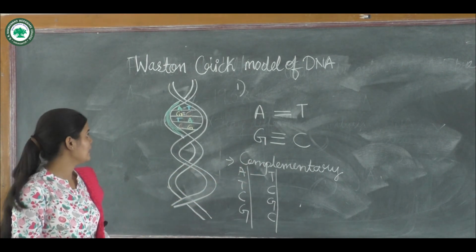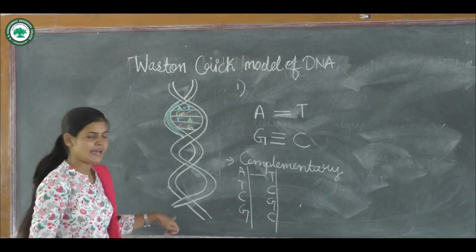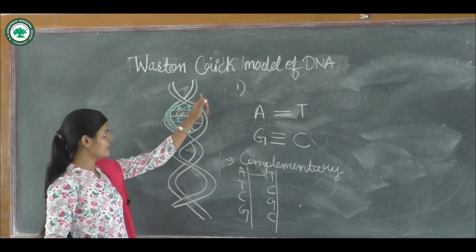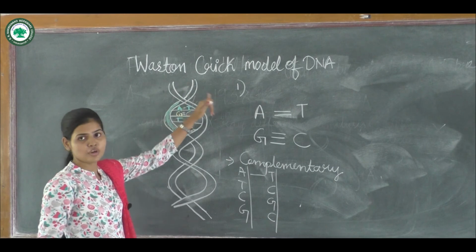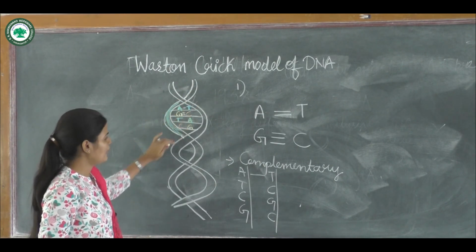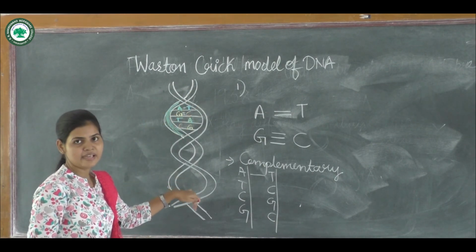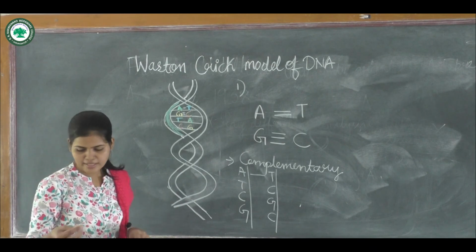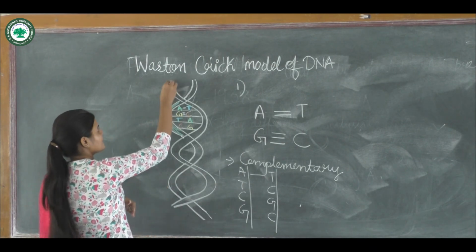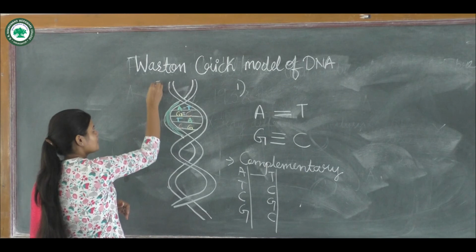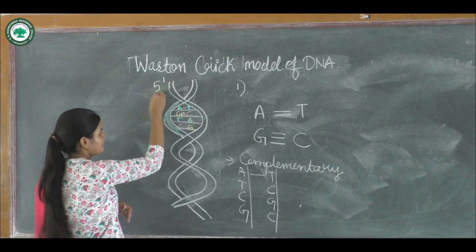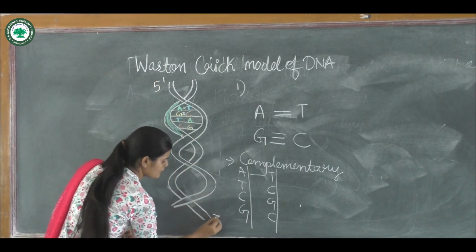Now next, the directions of the two strands are different, or they are anti-parallel. Suppose one strand has the direction 5 prime to 3 prime.